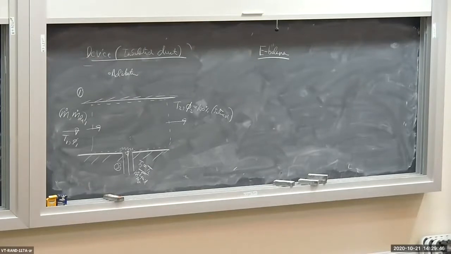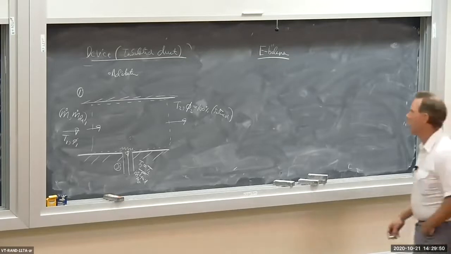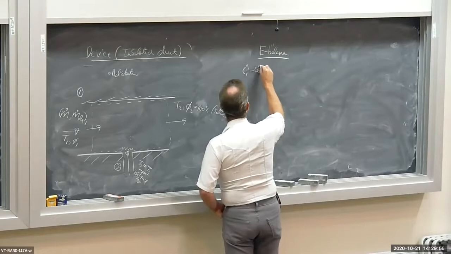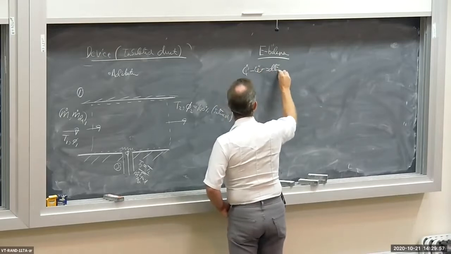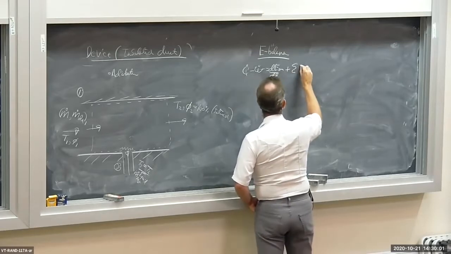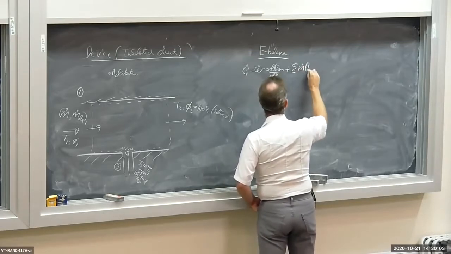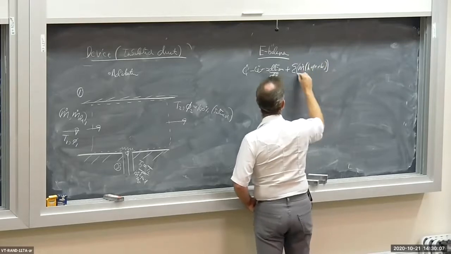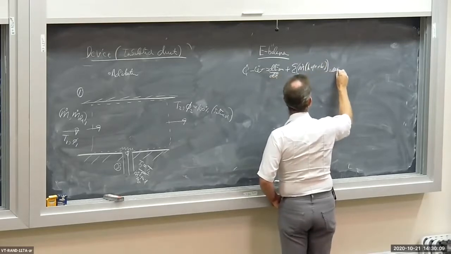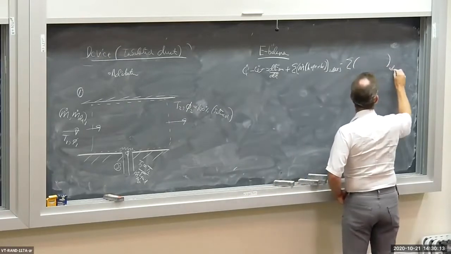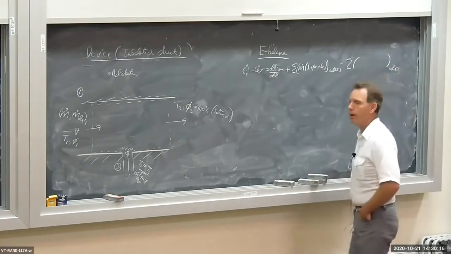There's no shaft work, no electric work, no boundary work going on. So Q dot minus W dot is equal to dECV dt plus the sum of m dot times (H plus PE plus KE) summed over all outlets minus the same thing summed over all inlets. Okay, so there's our energy balance.